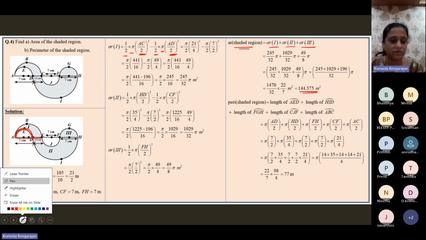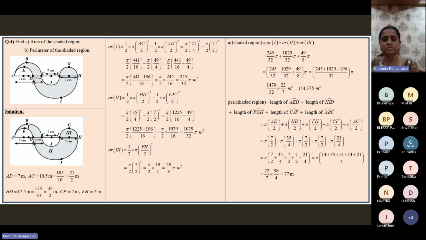Then to find the perimeter, see here: length of arc AED. AED is this arc.